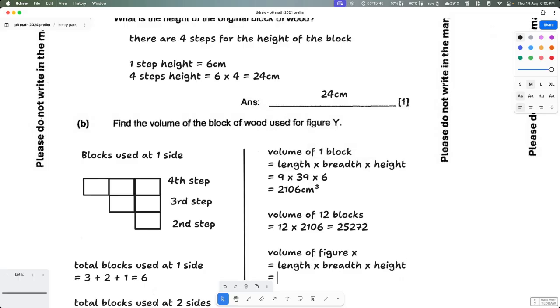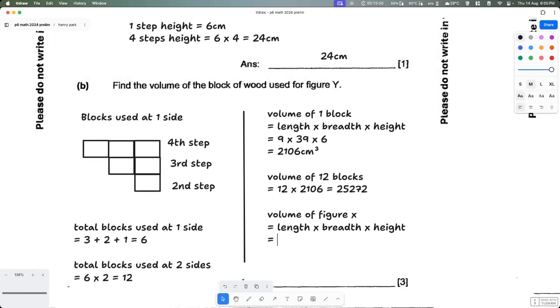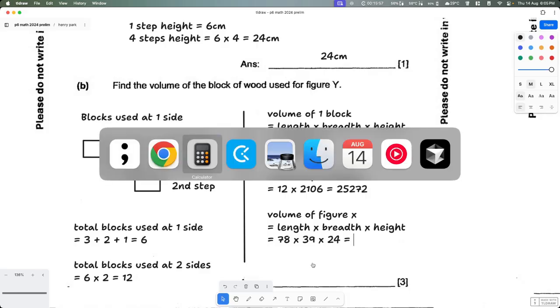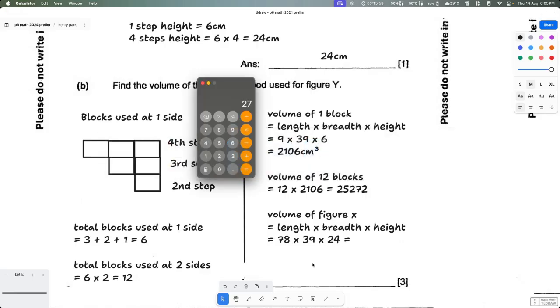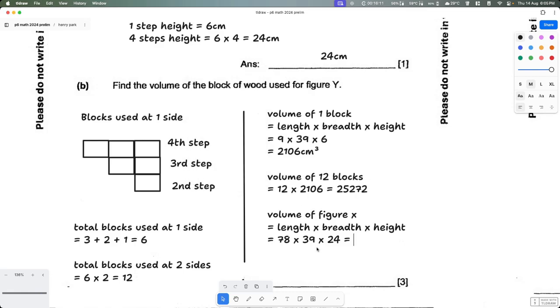The length is 78, so 78 times 39 times 24. Okay, and this will give us 73,008.